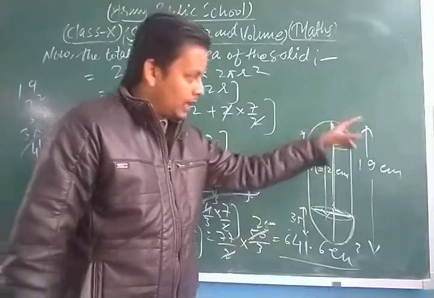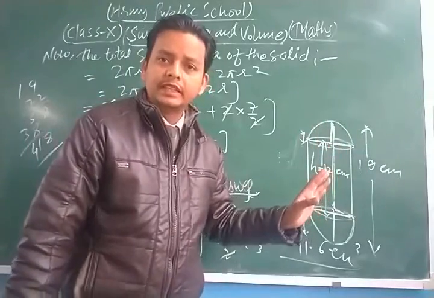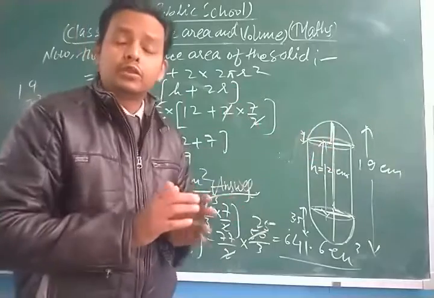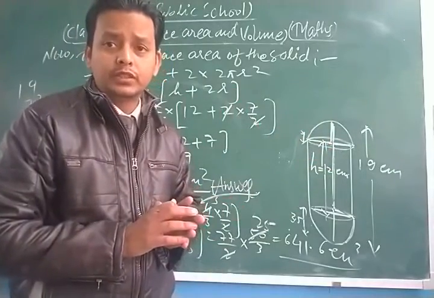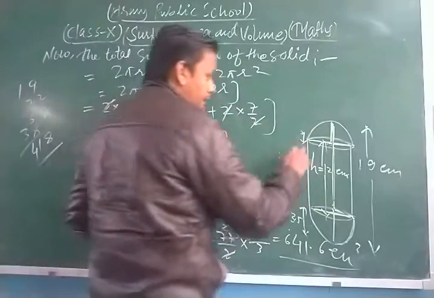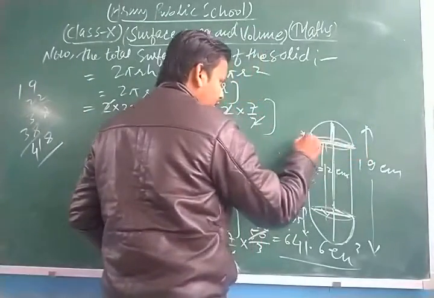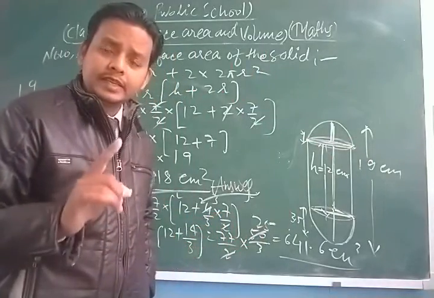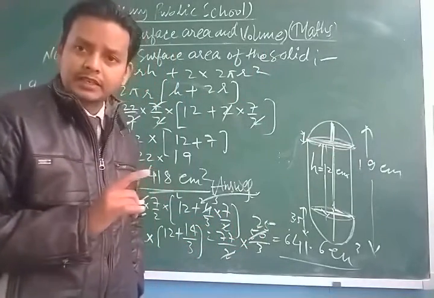Now the total height of the toy is given as 19 centimeter, and the diameter of the base of the cylinder is given. According to the figure, the diameter of the cylinder is the same as the diameter of each hemispherical end, na?